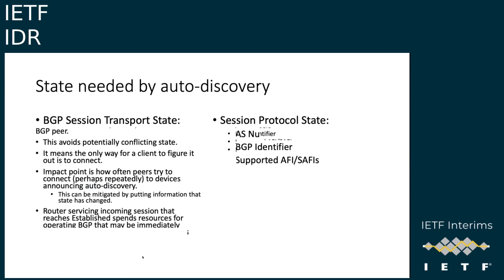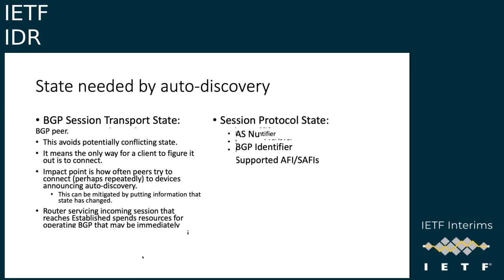A big portion of the discussion that we had as part of the list traffic after we published was that the session protocol state is somewhat contentious. You can get it potentially via the auto discovery protocol. You could also, as many people point out, get it discovered via BGP open.